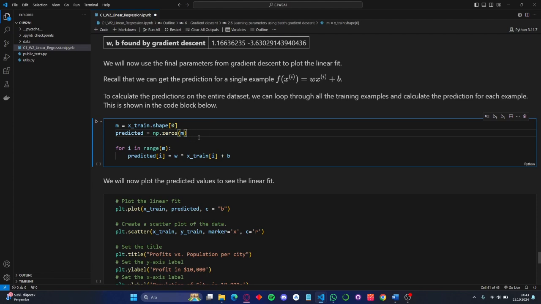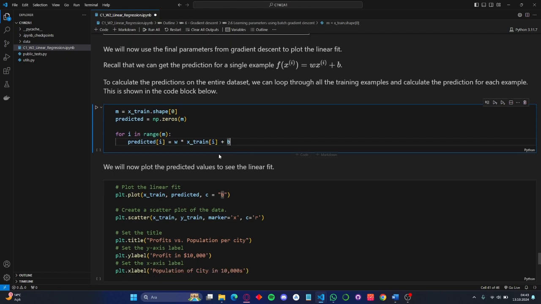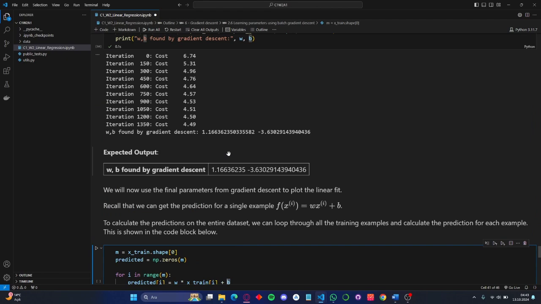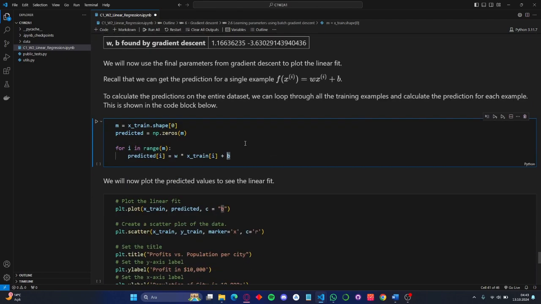The predicted array has 97 zeros, and in this for loop we predict for our x train with the w and b parameters we found here. We predict with these parameters and write each value in place of the zeros.